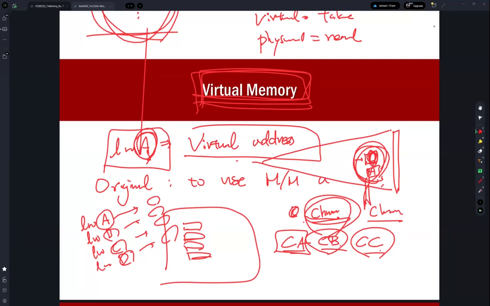Because these are different processes. Even though the binaries are the same, the processes are different, right? And because the processes are different, they need to access different memory locations. But it's not possible, right? Because the binary is the same, so this address is actually fixed.